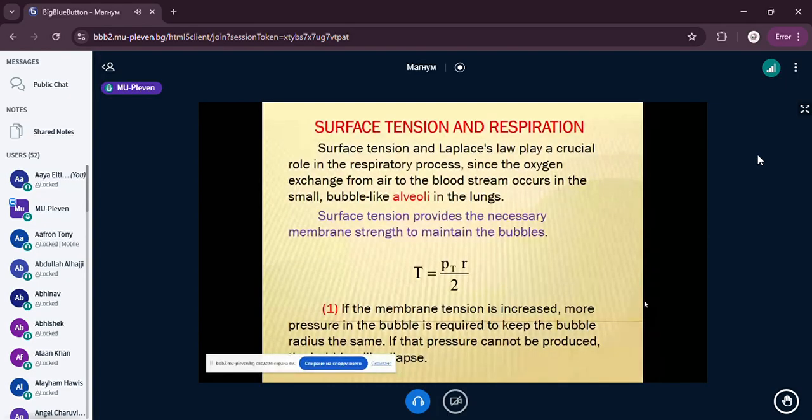And here I would like to explain things which students consider difficult, but it's not. In fact, what makes a vessel stable? Stable. So, not to collapse, not to burst, but to stay the same size. This means stable.